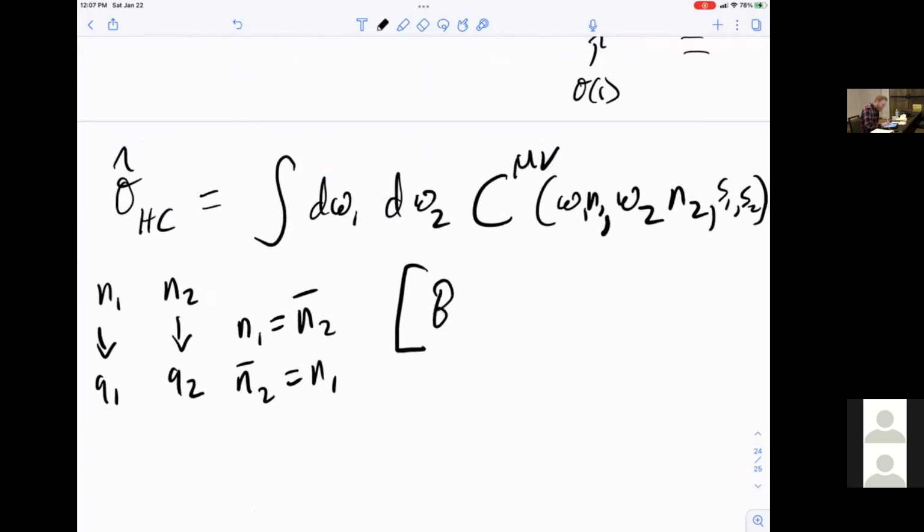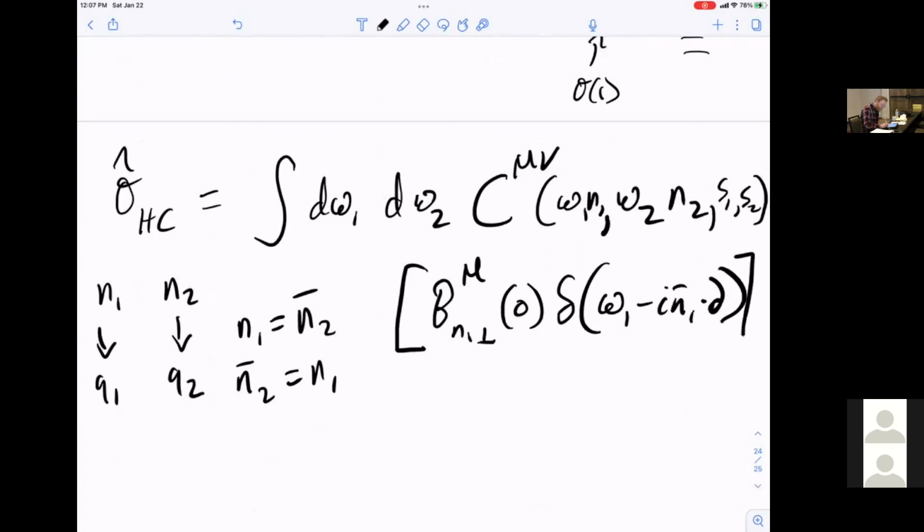I'll have my b perp n1 mu at 0. And then I'll have a delta function, like so. So if I did, very naively, this integral over omega 1, what will it do? Well, it'll just put that derivative up into my hard matching coefficient.